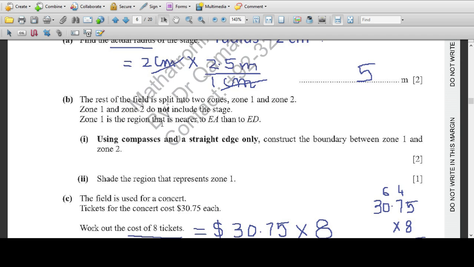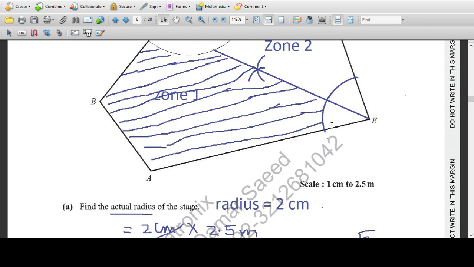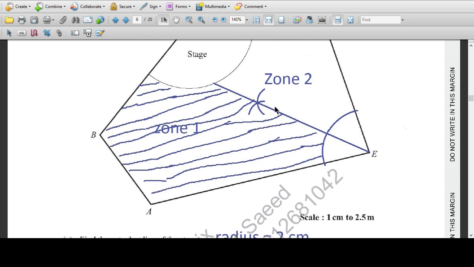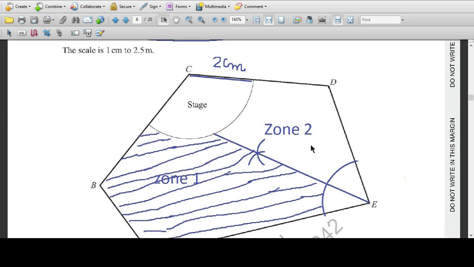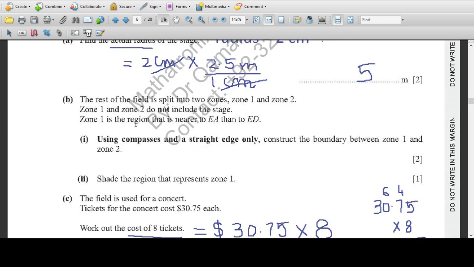Zone 1 is the region that is nearer to EA than ED, so zone 1 is closer to the EA line, and zone 2 is away from it. Use compasses and straight edge only. Construct the boundary between zone 1 and zone 2.